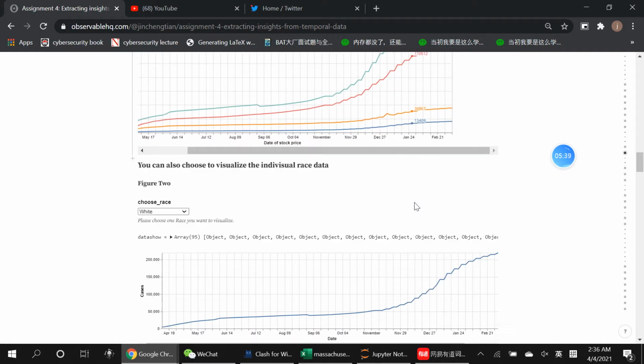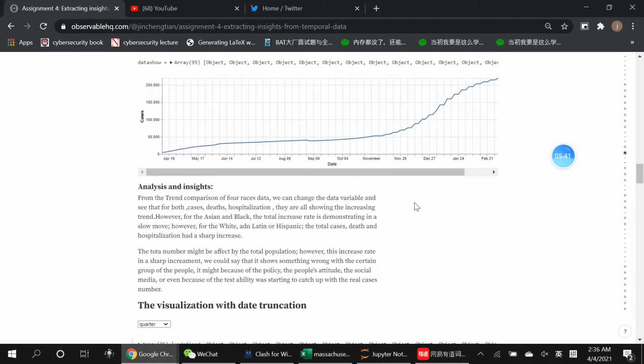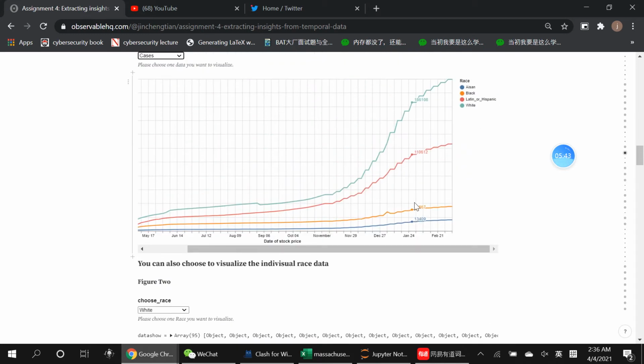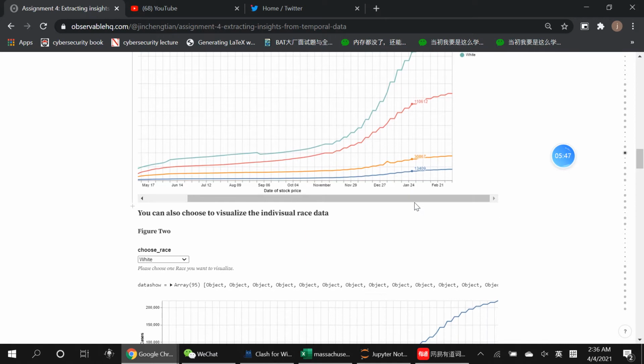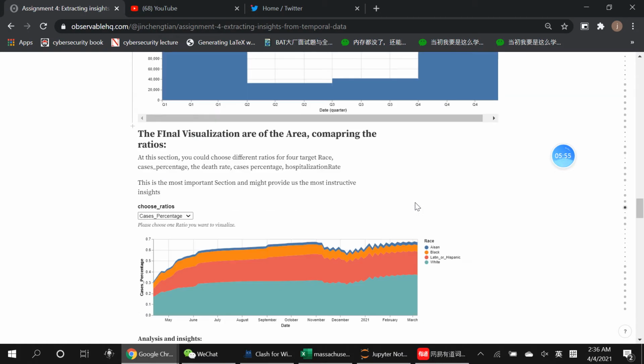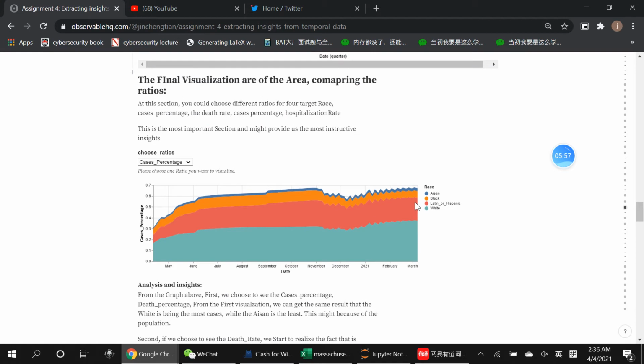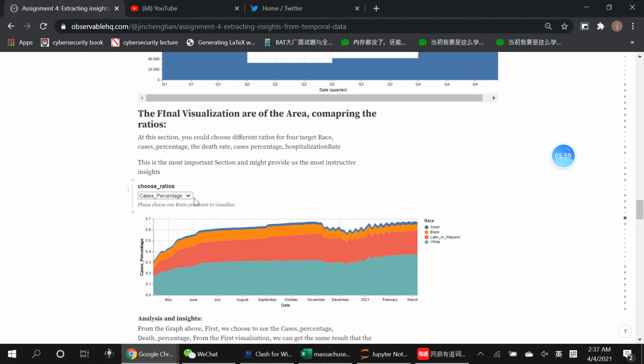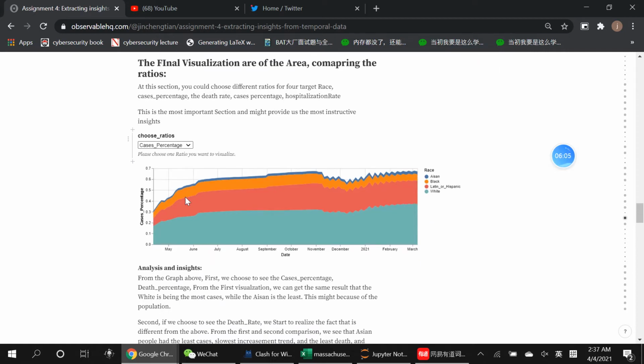From both section 1 and section 2, we conclude that Asian people have the lowest death number, cases, and hospitalization numbers. However, when we move to section 3, which compares the different ratios across races, we get different results.